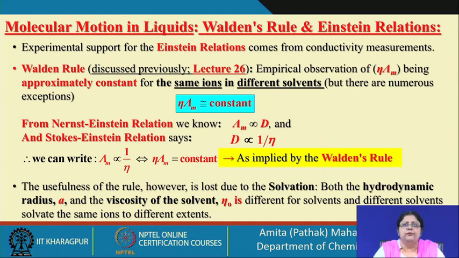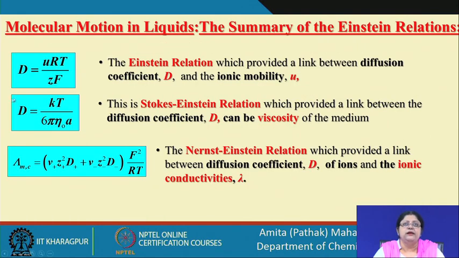So one factor contributing to the discrepancy of this being a constant is that the viscosity of the solvent changes with different solvent systems, and the radius of the ions, where we take a as the hydrodynamic radius, which we had in the diffusion coefficient from Stokes law.